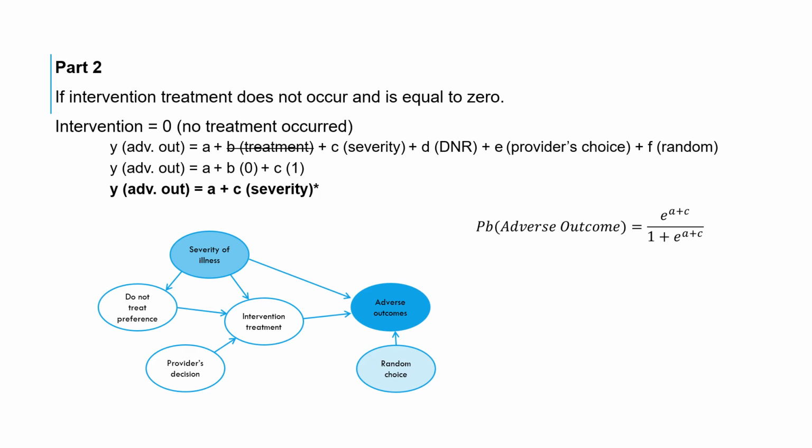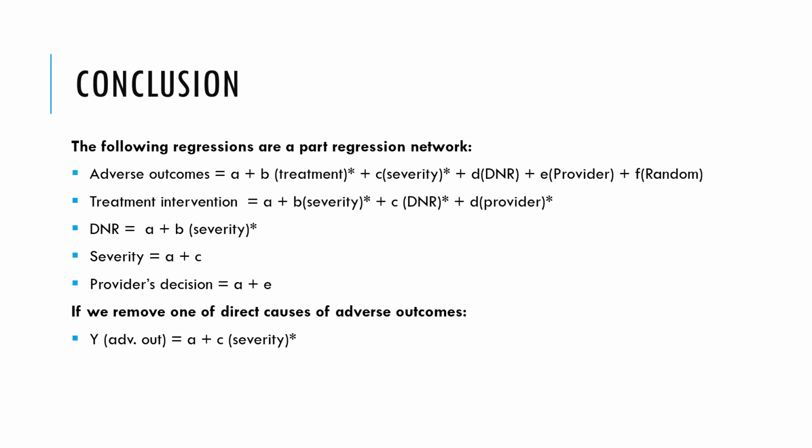In conclusion, we see the 5 regression equations, a part of our regression network: regression for adverse outcome, treatment intervention, DNR, severity, and provider's decisions. We see that the statistically significant variables are noted by an asterisk, and these are the direct causes for these outcomes.